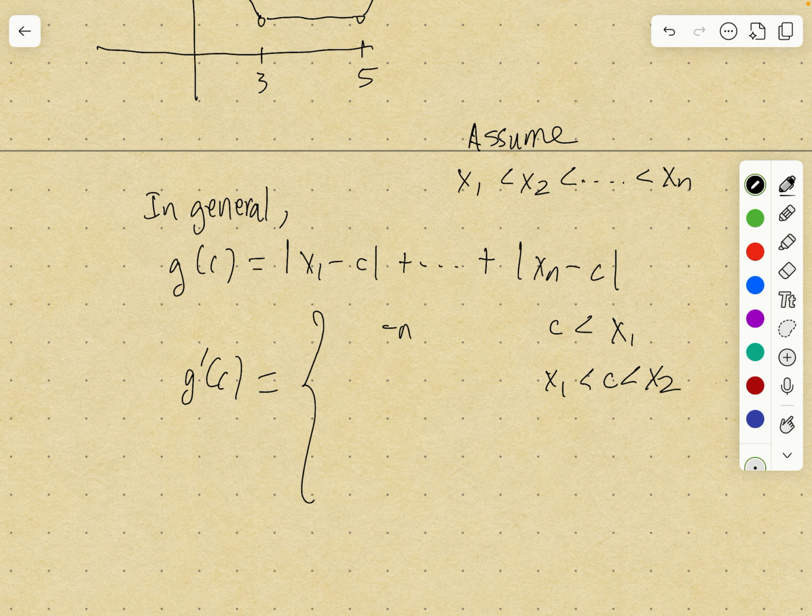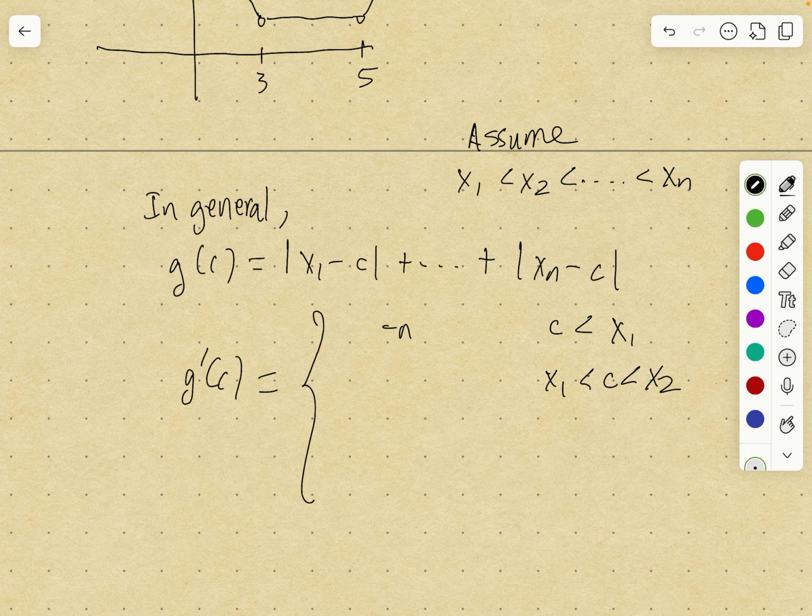What is it going to be? I think it's going to depend on if n is odd or even. Like if n is 2, then it's going to be 0, but if n is 3, it's 1.